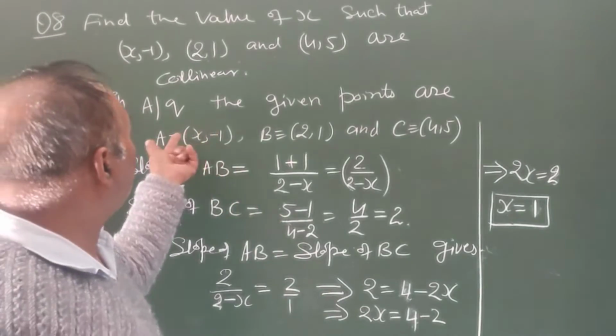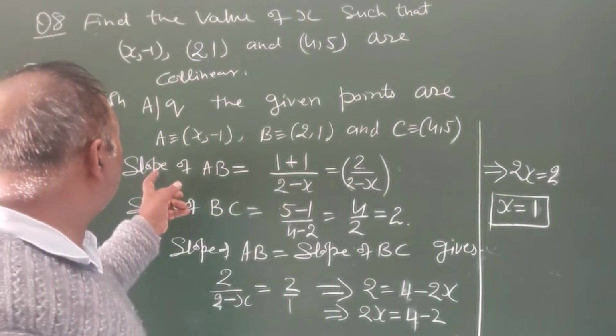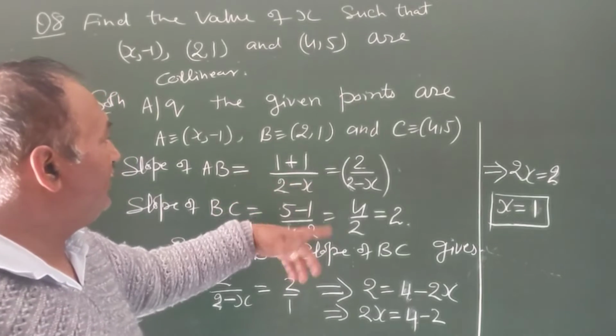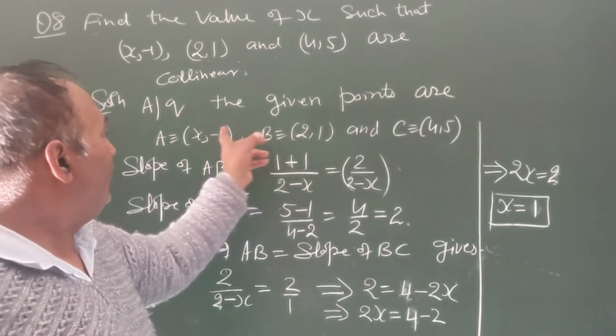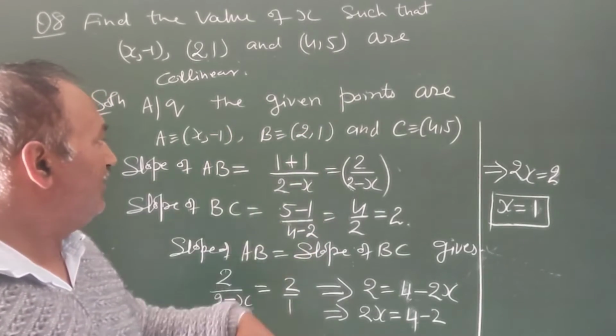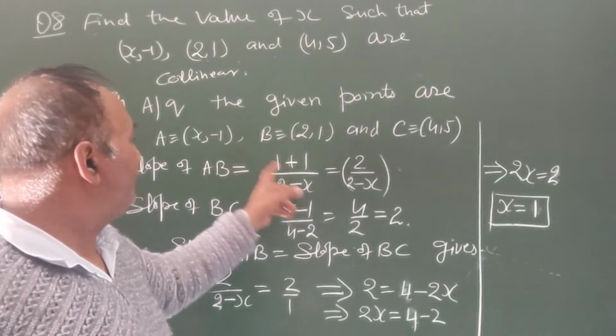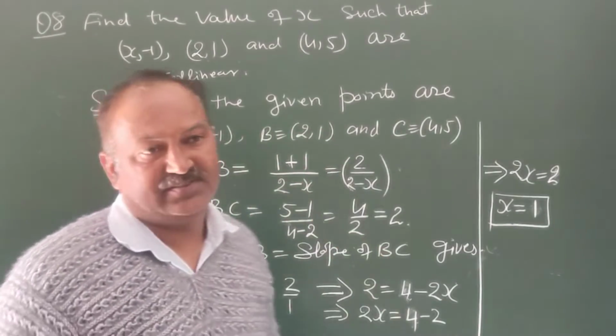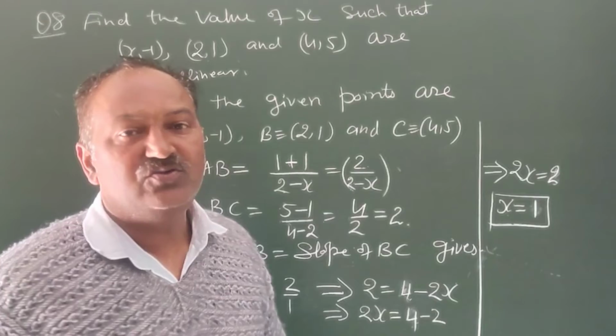Let us find the slope of AB. The slope of line segment AB is equal to y2 minus y1 upon x2 minus x1, that is 1 plus 1 upon 2 minus x, which is 2 upon 2 minus x.